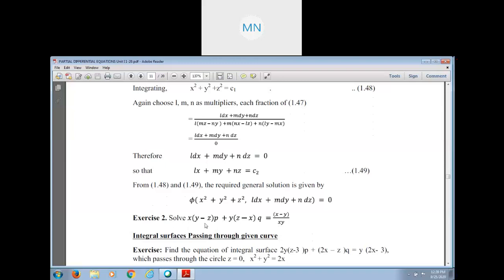This one also: x into y minus z into p plus y into z minus x into q equals xy divided by x minus y divided by x. Here P is this one, Q is this one, and R is x minus y divided by x. Write this equation also.